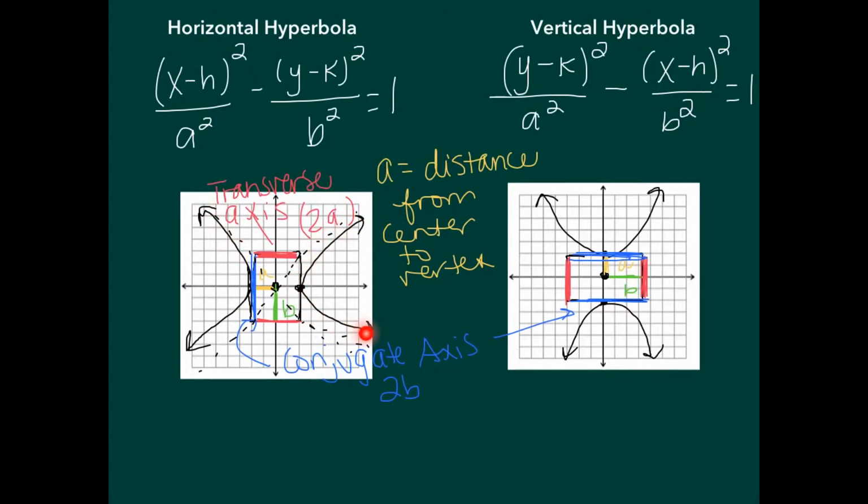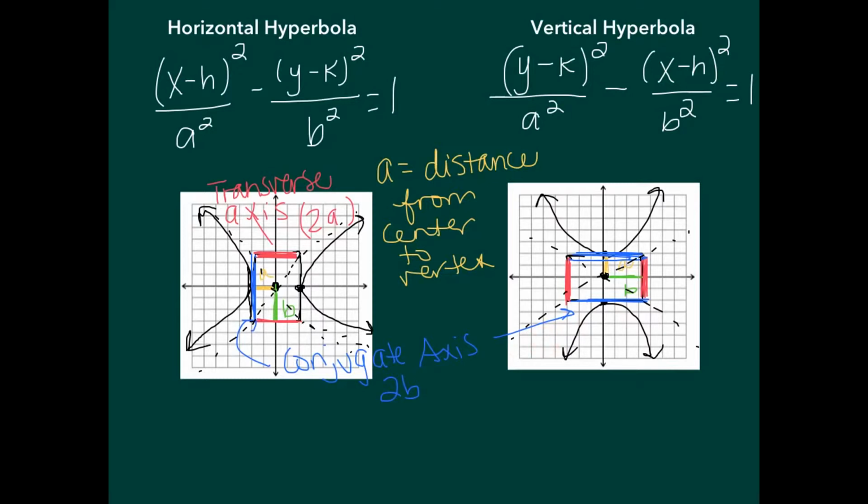From the vertex, it goes really close and curves to that asymptote line, but it's not going to cross it. Same thing here. It goes through the center from corner to corner. So this should be a little bit wider, and this one should be a lot wider actually. That's going to help you draw the width of your hyperbola. I'll show you what I mean in the example.